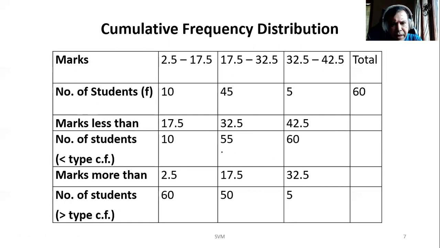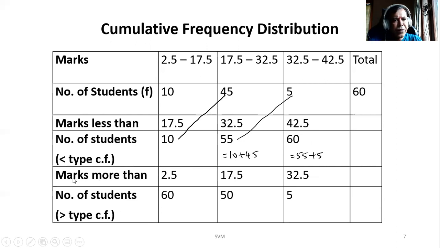So this 10 is added to this 45 to get this 55. Similarly, this 55 is added to this 5 to get this 60. This is the less than type of cumulative frequency, because we keep on adding it.